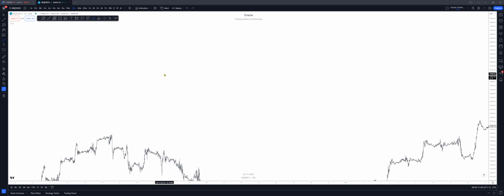Okay. So you're going to have different manipulations occur, but the main idea is that these manipulations are going to be built up before these big players in the market want to be involved. Okay. They need the liquidity first off to get in and out of positions. They're going to build these up before their trading hours, right? When they plan on doing business.